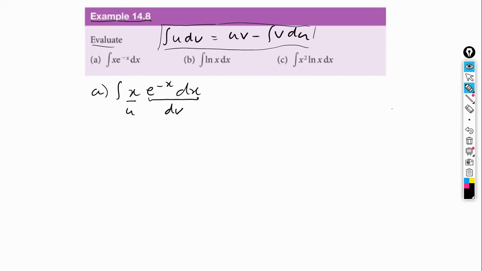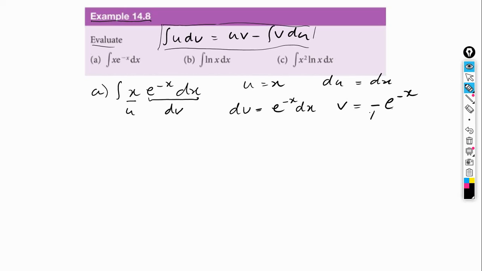So if we write that u is equal to x, then derivative of u will be dx. And then if we have that the derivative of v is e to the minus x dx, then v, which is just the integration of that, will be minus e to the minus x.